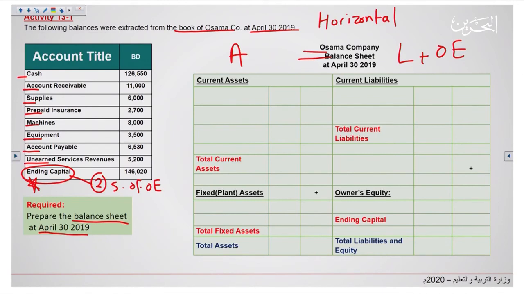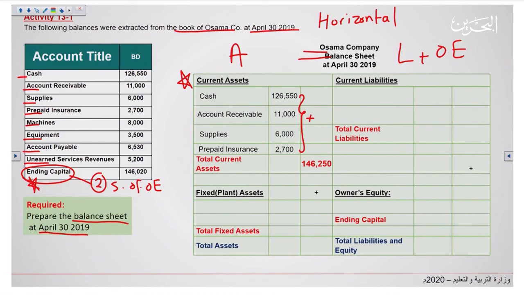In order to make this balance sheet balanced, we will start first with listing the current assets, which are the short-term assets. We have here cash, we have accounts receivable, supplies, prepaid insurance, and we are going to calculate the total of these amounts to get the total of current assets.